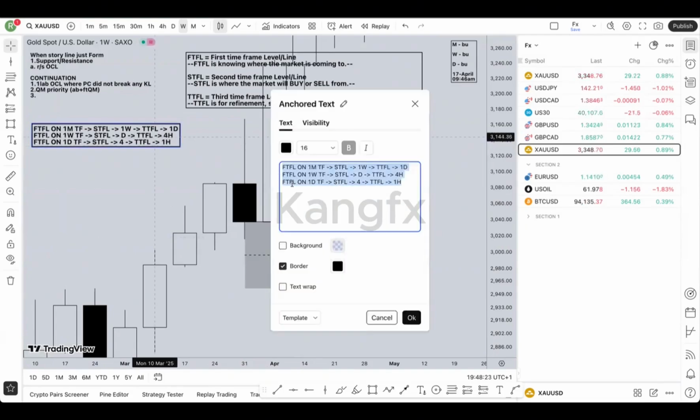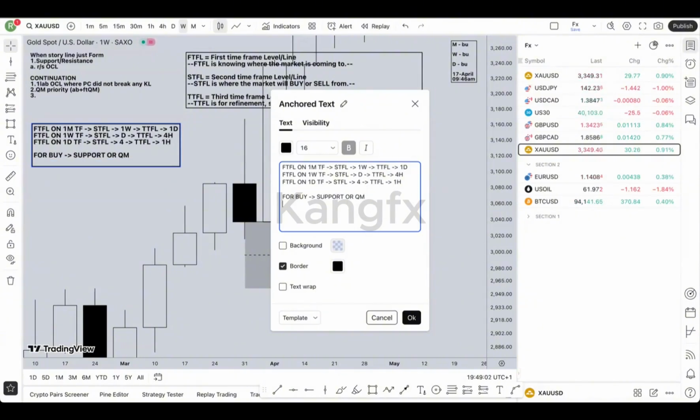Now, when we go down to our STFL, we look for only two things. On STFL, we are going to look for only two key levels. If you are buying, the only thing we look for is going to be support or QM.